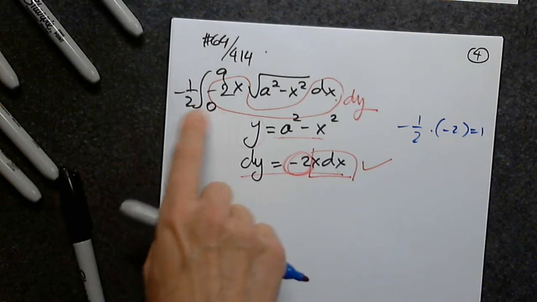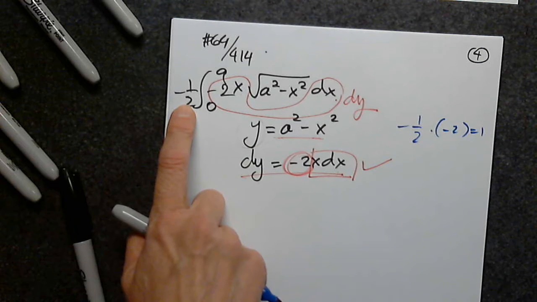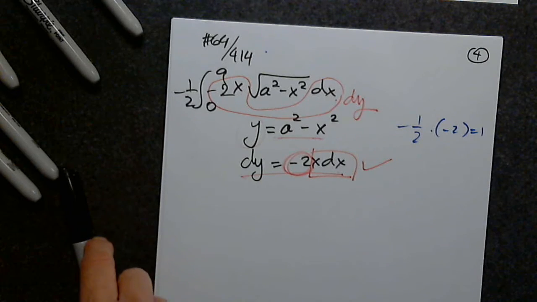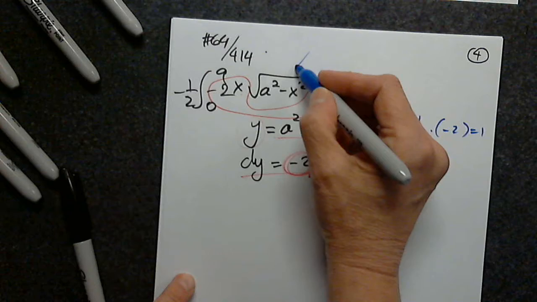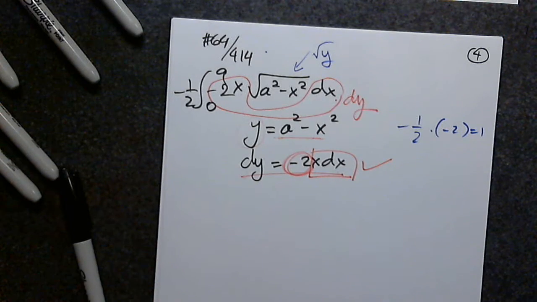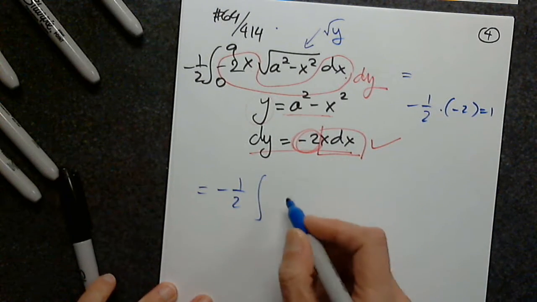So I could have put both inside to show you the 1, but I want this one outside. I can put it inside, but I still have to bring it outside. Is this okay so far? And this piece is the square root of y. So now I can move completely to x.